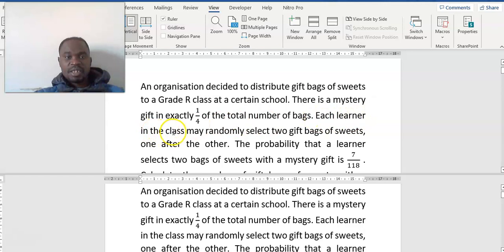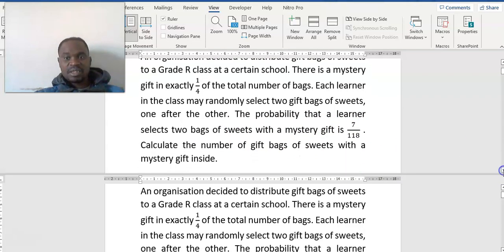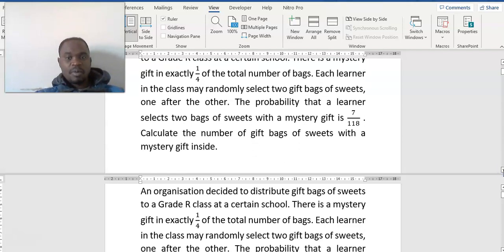Each learner in the class may randomly select 2 gift bags of sweets, one after the other. The probability that a learner selects 2 bags of sweets with a mystery gift is 7/118. Calculate the number of bags of sweets with a mystery gift inside.